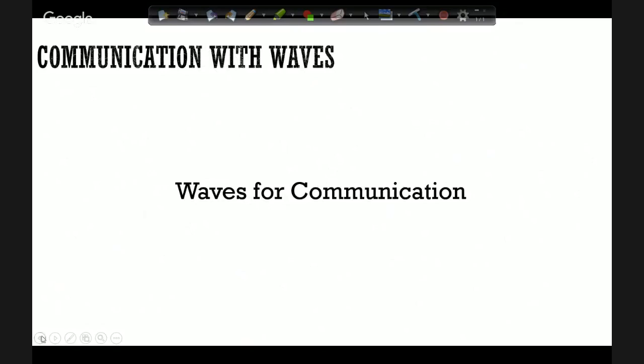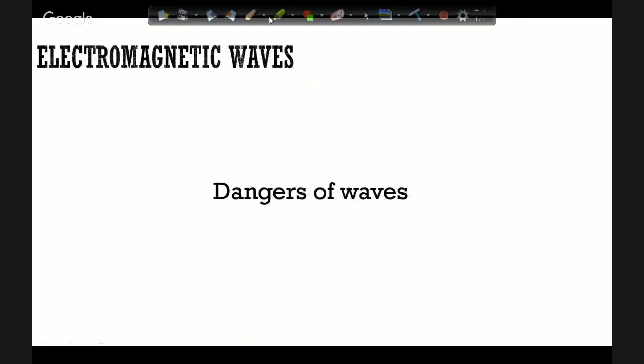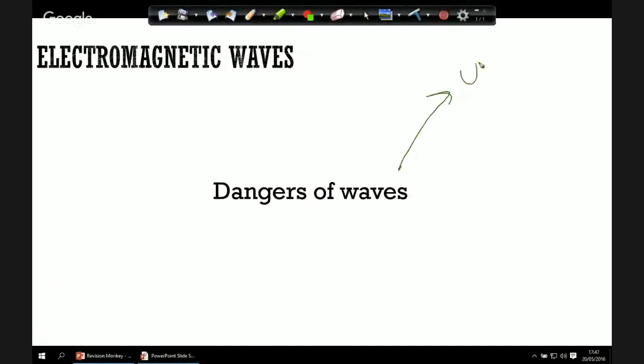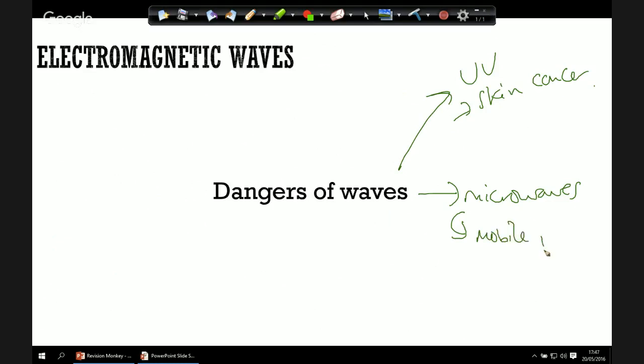So there's a few dangers that are associated with electromagnetic waves. For example, you've got ultraviolet, which can cause skin cancer. You've got microwaves, which are linked to their use in mobile phones.